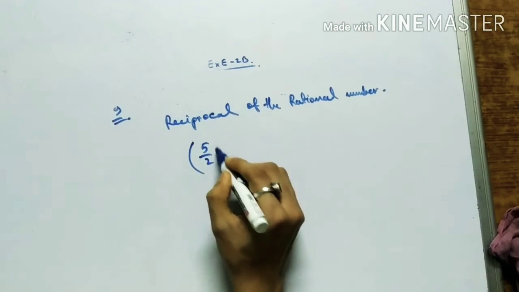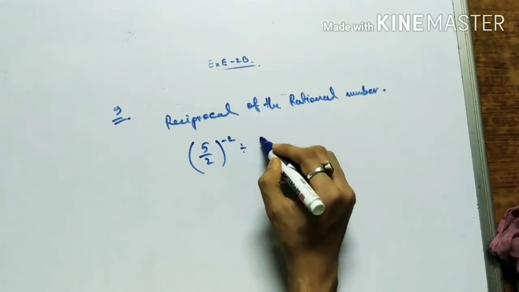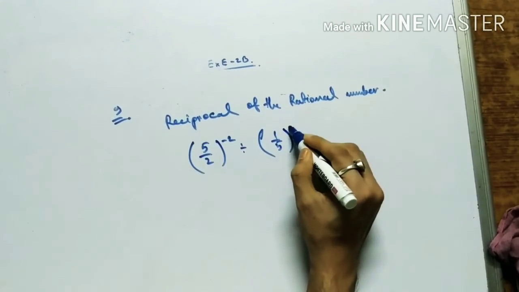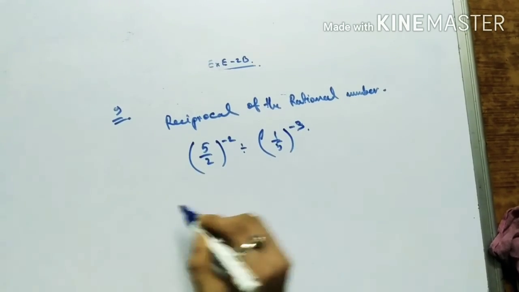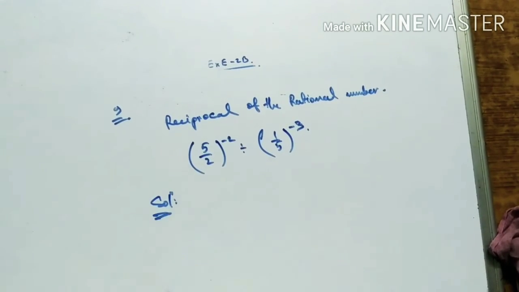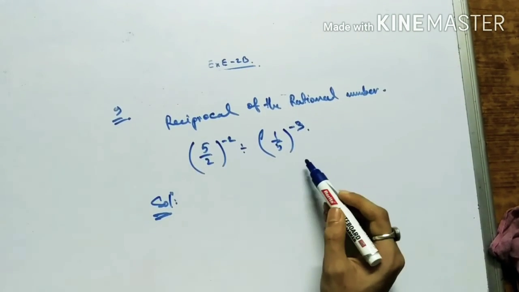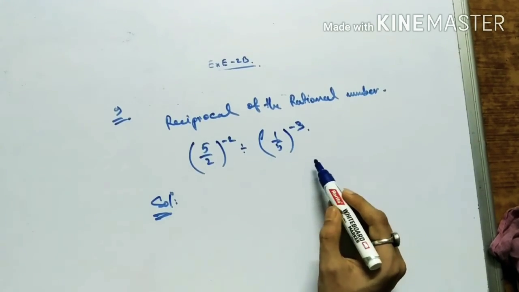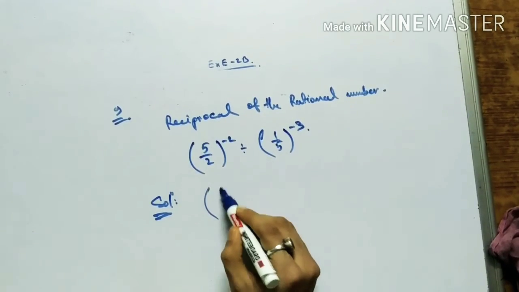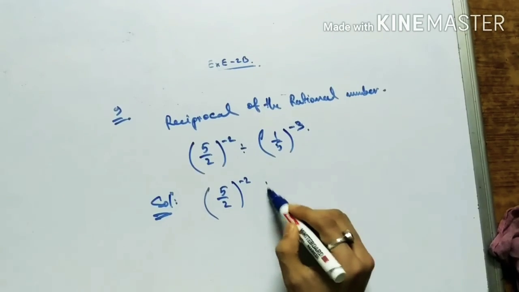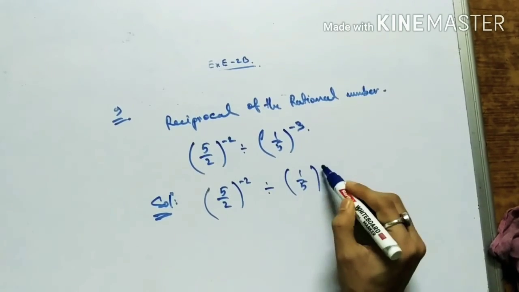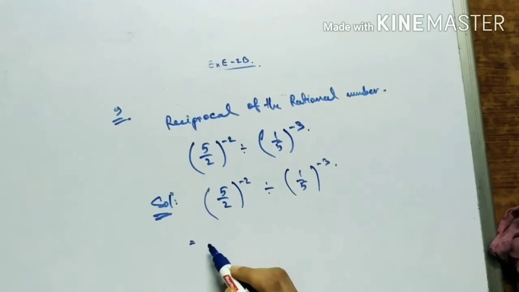So this is 5 by 2 to the whole power minus 2 divided by 1 by 5 to the whole power minus 3.